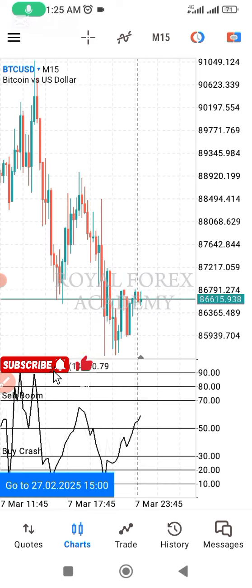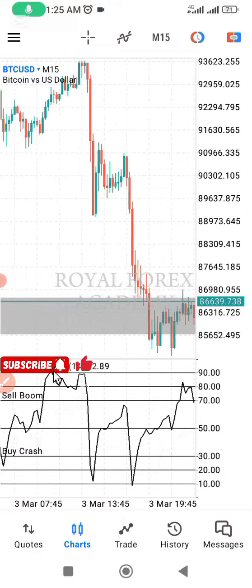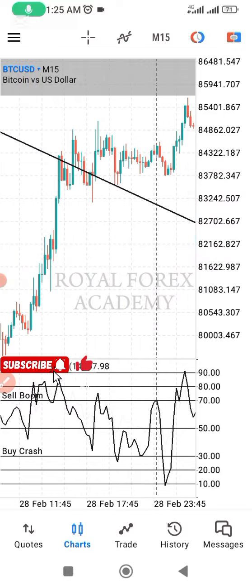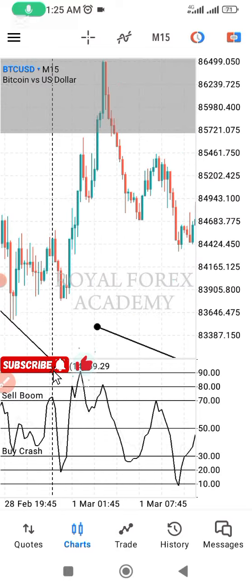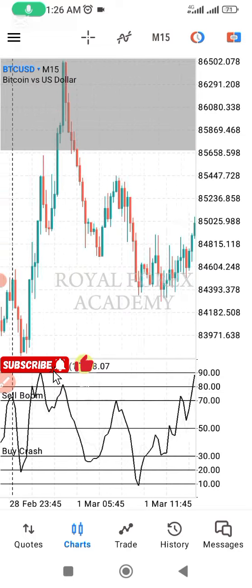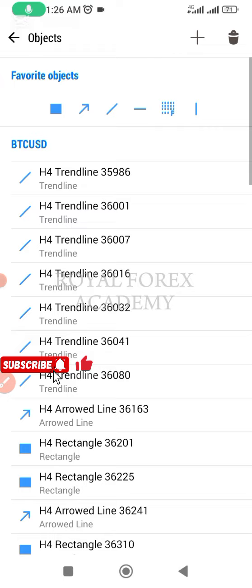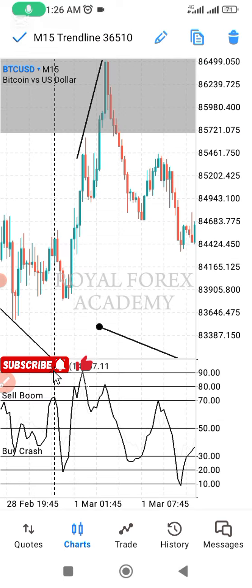On your 15 minutes, let's look at how the price plays out on a 15-minute time frame. Okay, this is the movement on a 15-minute time frame. On 15-minute time frame as well, we have a divergence.